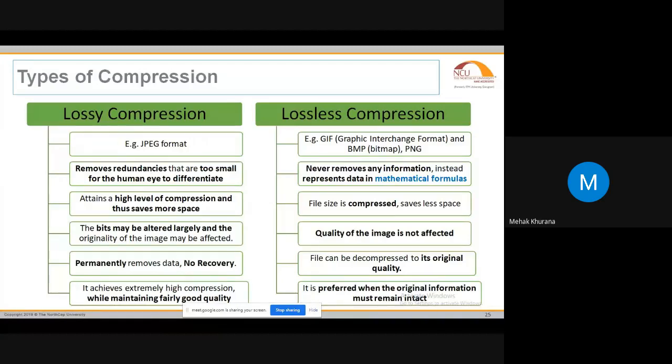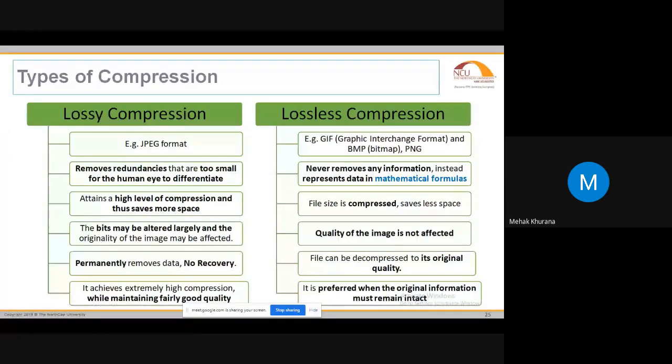In lossy compression, the originality of the image gets affected, because we are altering the information and reducing the redundant bits. So the information is removed permanently and we cannot recover the original image.